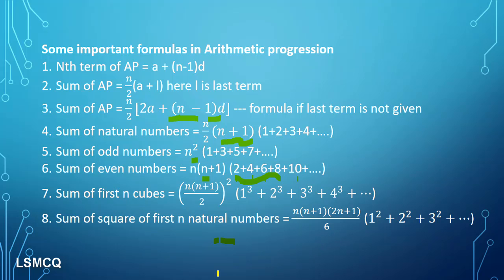The formulas we have studied here are somewhat related to arithmetic progression, because this formula can be obtained by simplifying this one, and this formula is also obtained by simplifying this formula. Okay, and this formula was also obtained by using this formula.